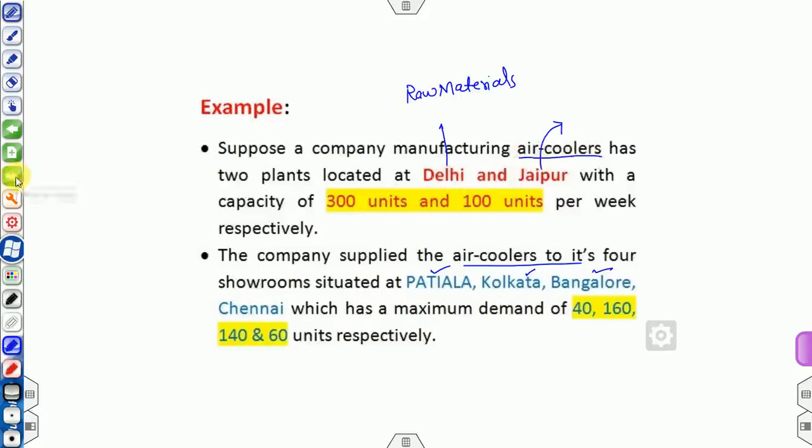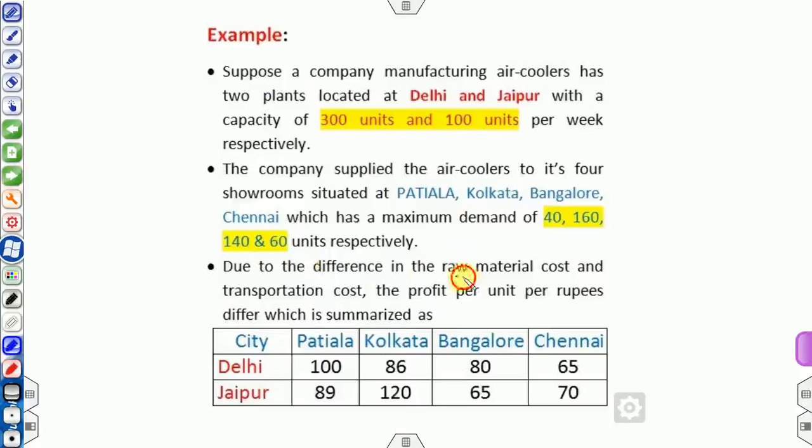Due to the difference in raw material cost and transportation cost, the profit per unit in rupees differs. For example, for the air cooler designed in Delhi and transported to Patiala, the profit will be 100. Similarly, if the air cooler manufactured in the Jaipur plant is transported to Patiala, then the profit will be 89.